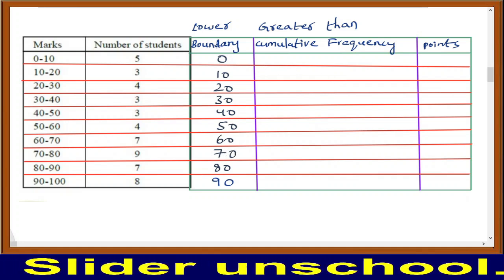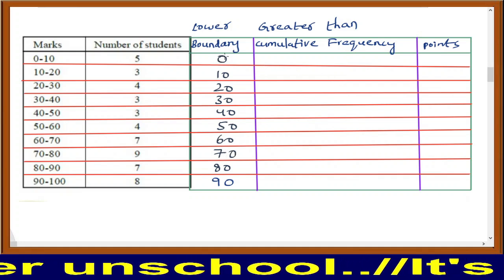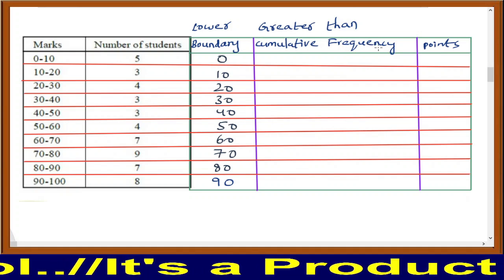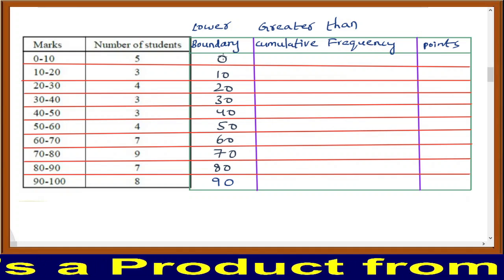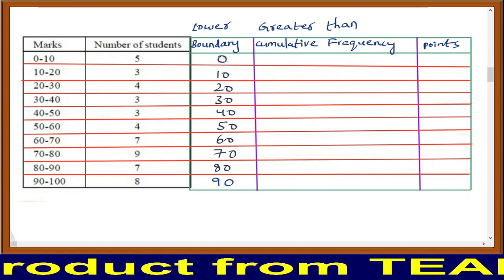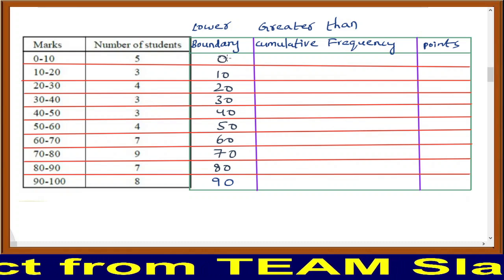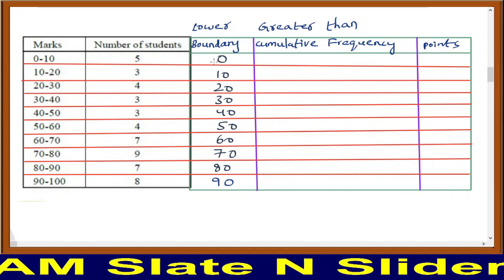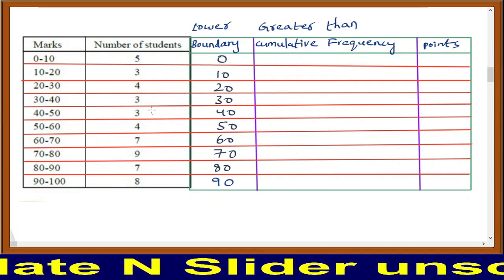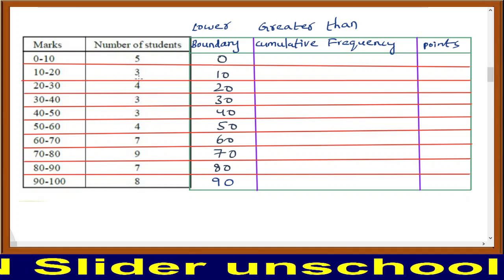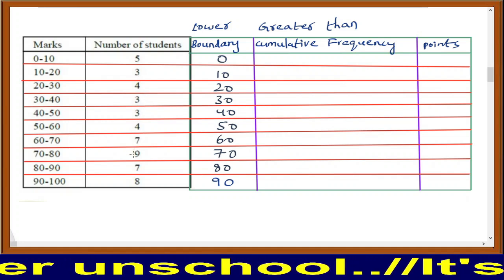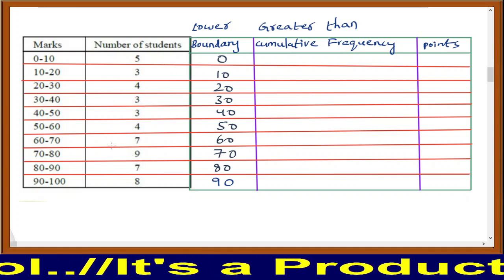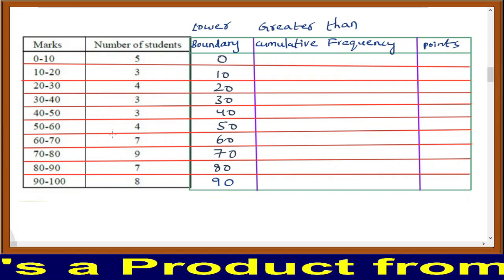Here the lower boundary is 0, so we should write the greater than cumulative frequency: the number of students who got above 0. That means all the students here: 5, 3, 4, 3, 3, 4, 7, 9, 7, 8. All these students got more than 0 marks. That's why we have to take all the students.